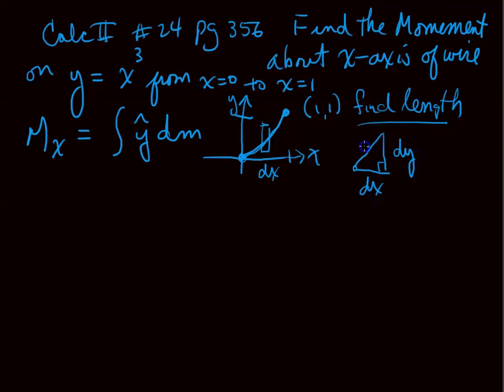And therefore, you can find this distance the same way you do anything, the square root of dx squared plus dy squared. Does that make sense? So that's what the distance is. Because it's got a constant density, you're just going to use delta. So we need, first of all, y tilde.